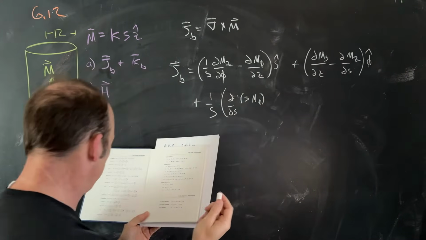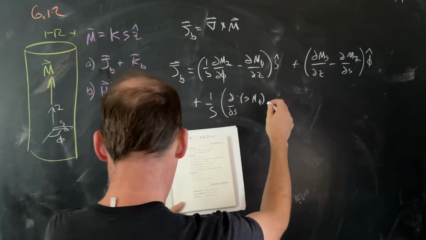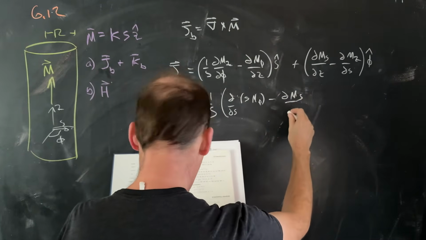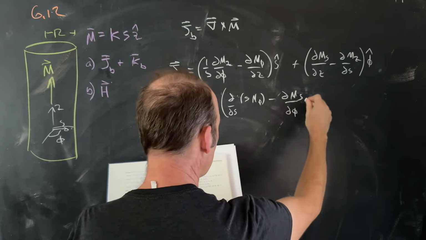This is pointless because most of these terms are 0. Minus the partial of m_s with respect to phi, z hat.